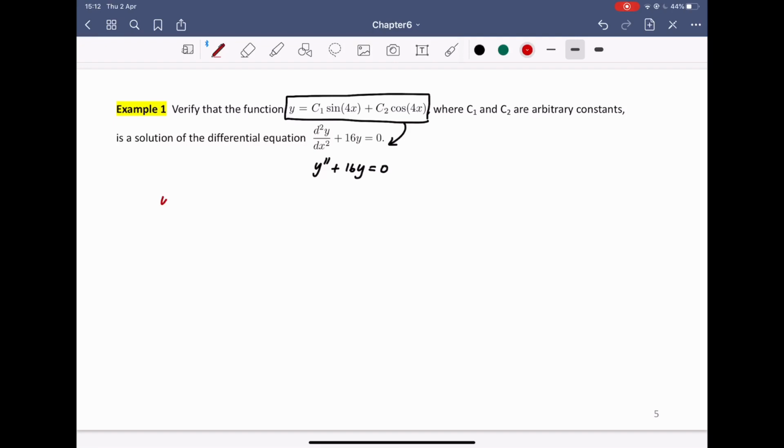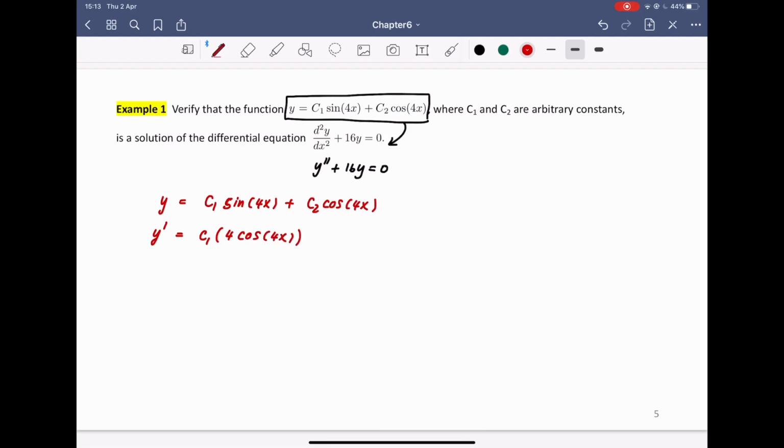So I have y equal to c1 sine 4x plus c2 cosine 4x. Then I differentiate 1 time, so I get c1, this is a constant, differentiate sine 4x, I get 4 cosine 4x.